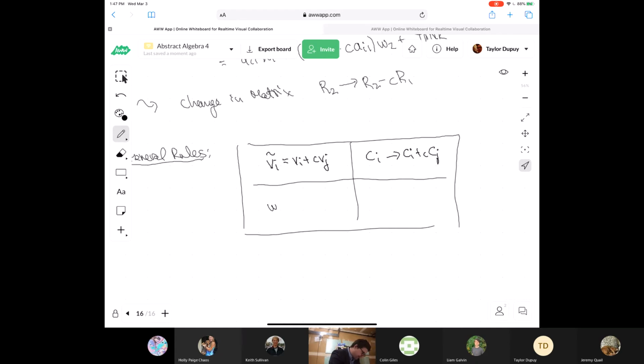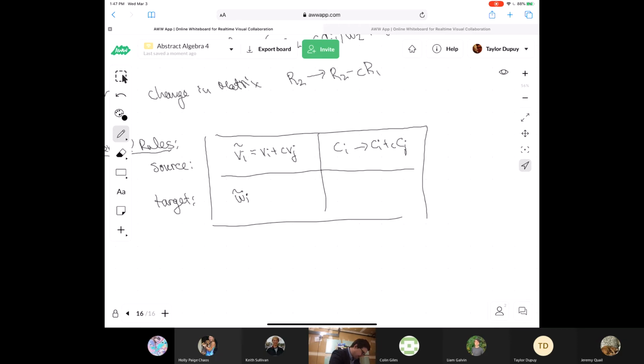On the other hand, if I were going to do this on the target, so this is on the source, this is on the target, if I were going to change Wi to Wi plus C Wj, what happens is that the jth row gets replaced by the jth row minus C Ri. Okay, so this is what you have to do.